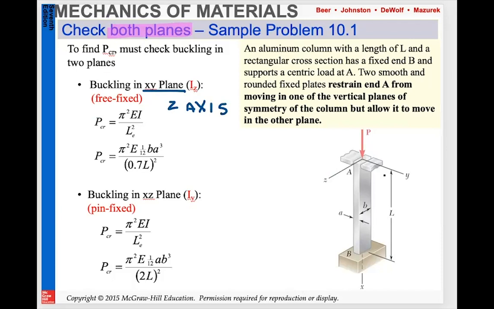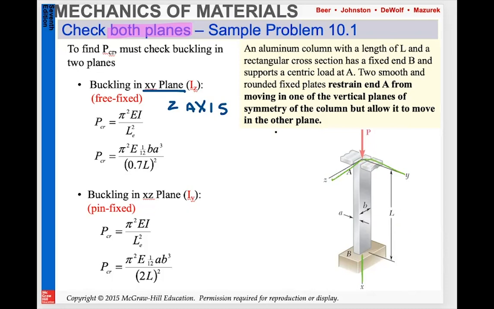The key thing here is to look at your coordinate system. In this particular case, the coordinate system is a little different than other cases. Here X is the long axis, and Y and Z are the transverse axes.